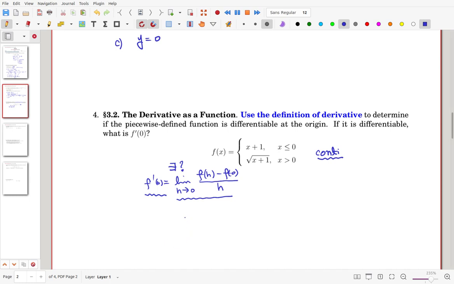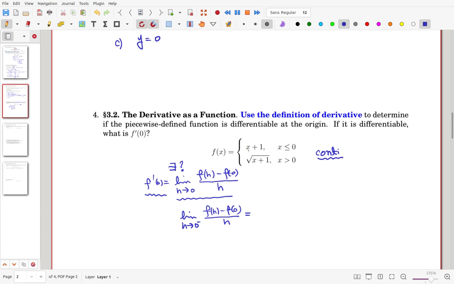First, the limit as h approaches 0 from the left of f of h minus f of 0 divided by h. This quotient is the same as, now h is smaller than 0 and approaching 0.